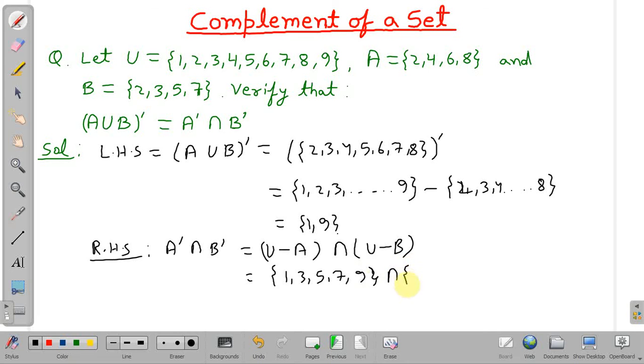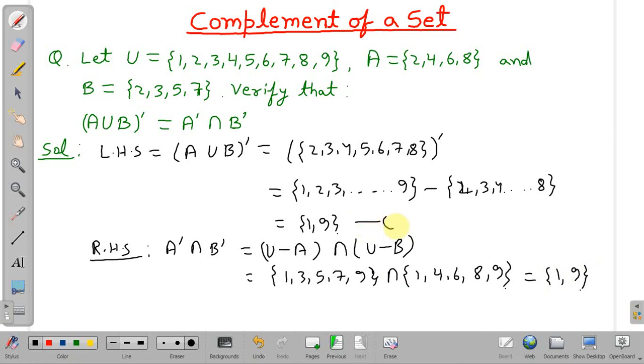Intersection U minus B, and B contains 2, 3, 5, 7. So it will have 1, 4, 6, 8 and 9. And when we take the intersection of these two sets, we will get 1 and 9.